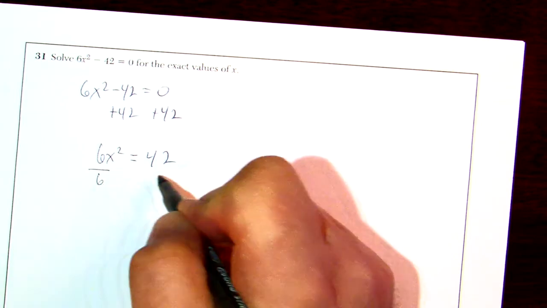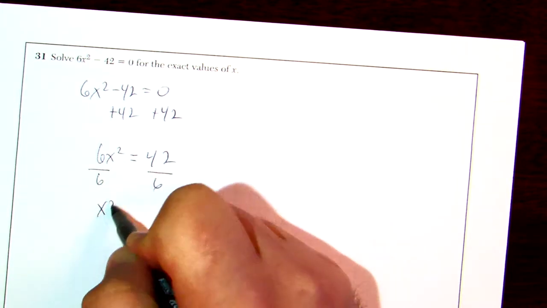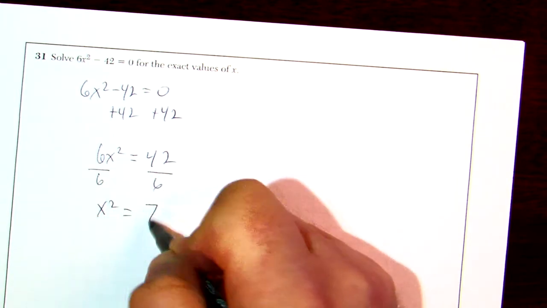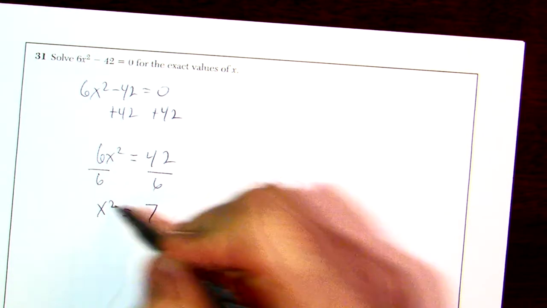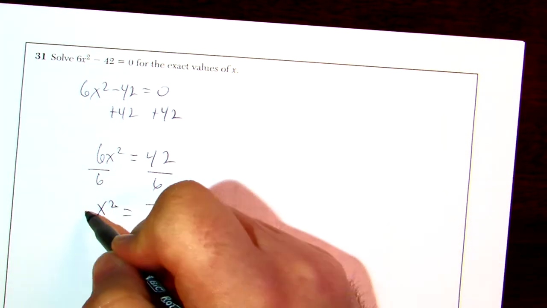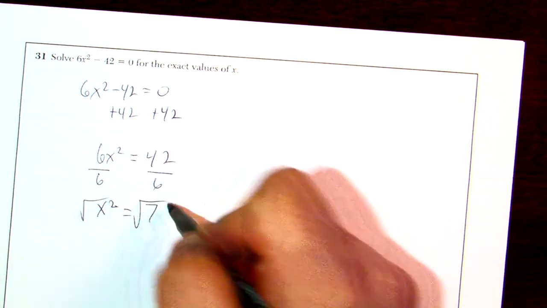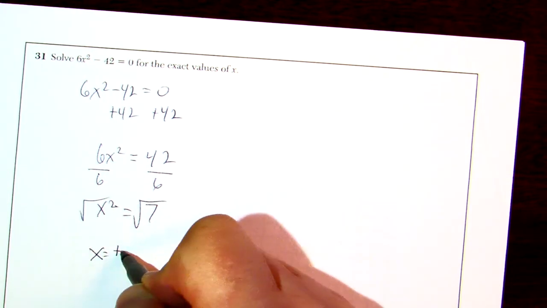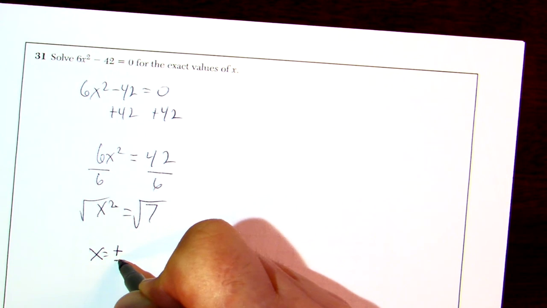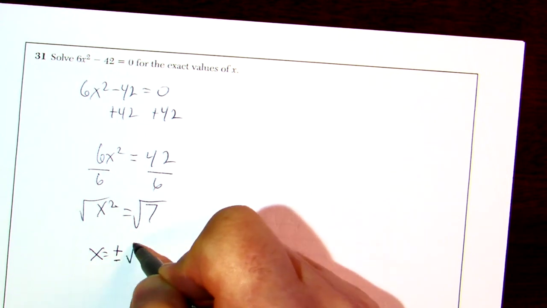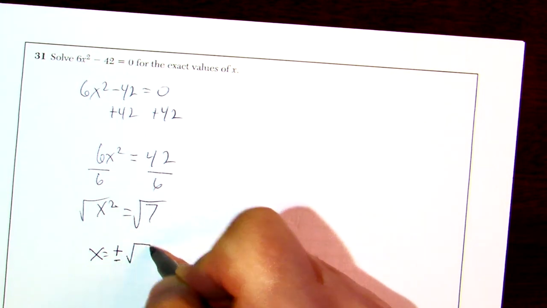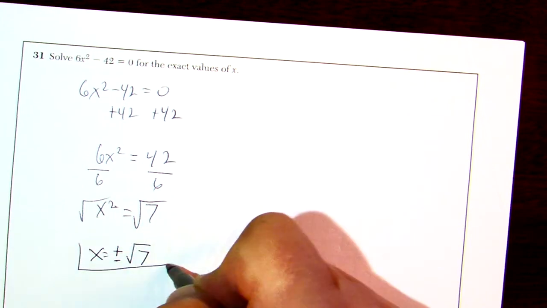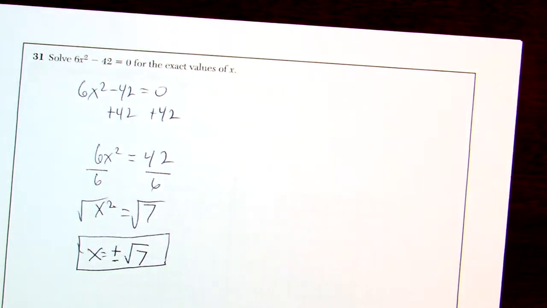Divide by 6. x squared equals 7. How do you get rid of the square? The opposite of squaring something is square rooting it. So x equals plus or minus the square root of 7. And that one's done.